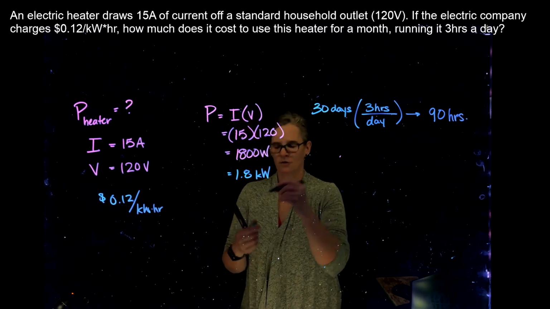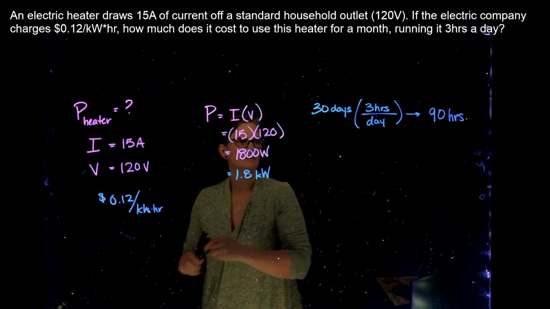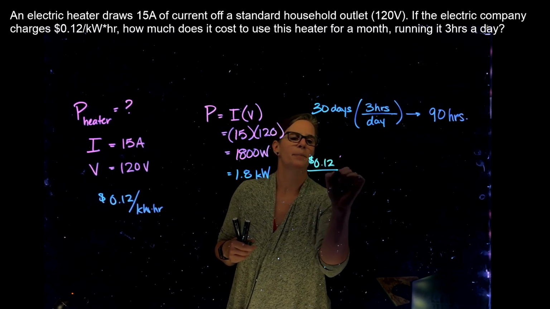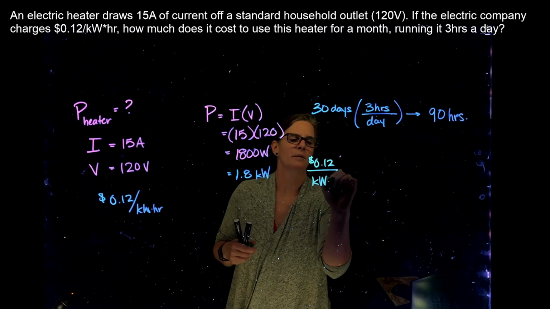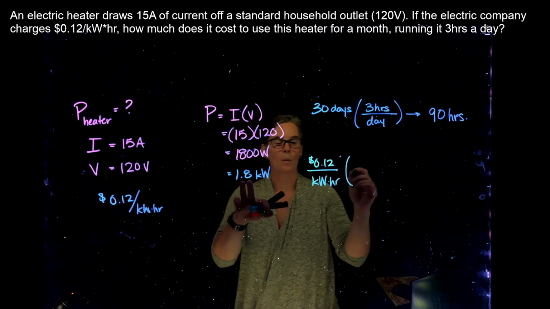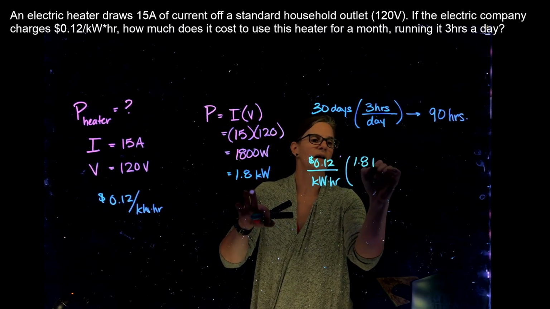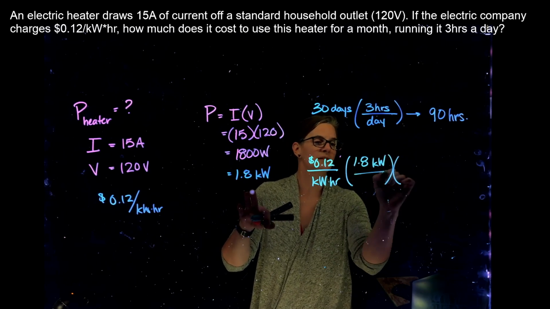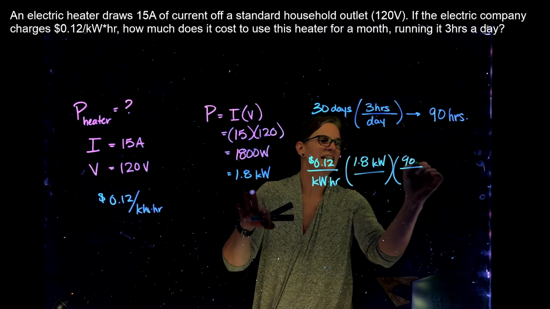So what is going to be my cost? Right? I have 12 cents per kilowatt hour. I have 1.8 kilowatts of power being used for 90 hours.